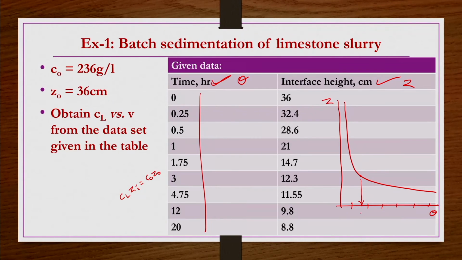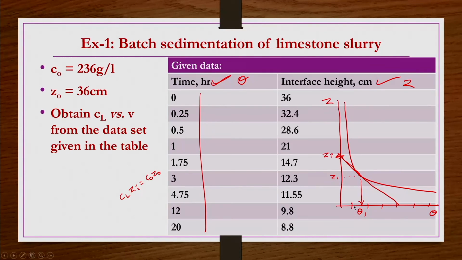At this point of sedimentation time, if you want to know the concentration of that layer, you draw a tangent at this point. Let us say it intersects at theta 1, where this is Z1 and this is Zi.